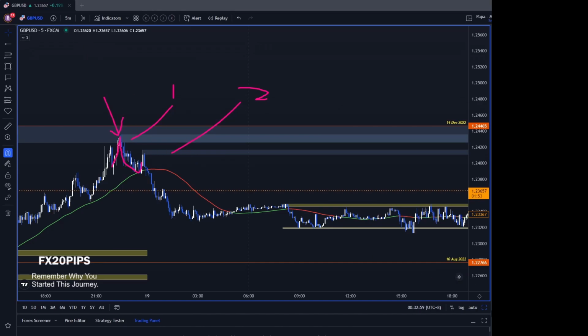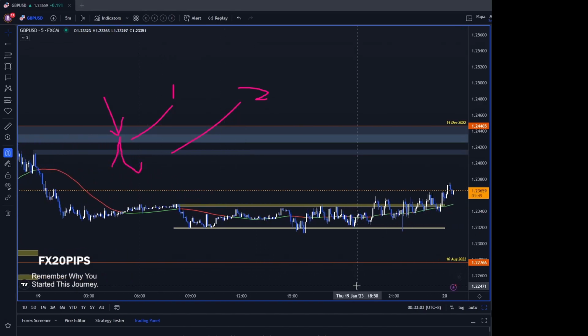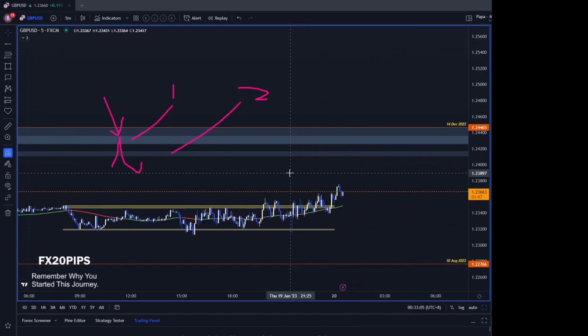Price might not respect it at all, but we should expect some reaction, such as price coming back up here again. It might come up here, come down. If the buyer is still strong, it'll push up again, take out this one, push down again, and then finally push through.